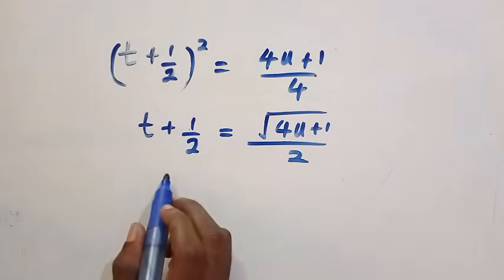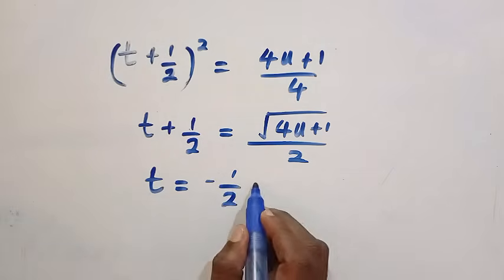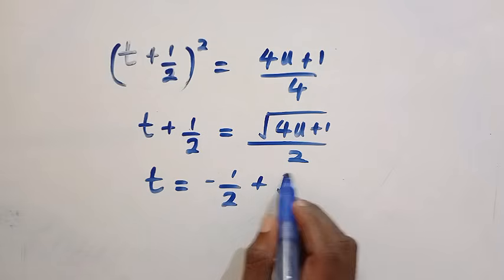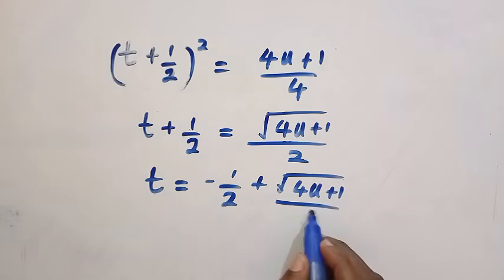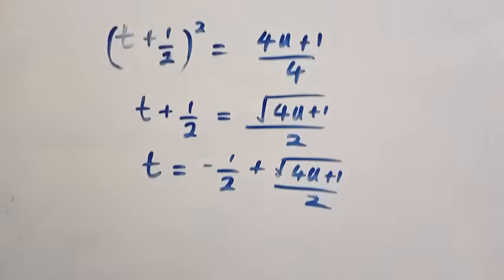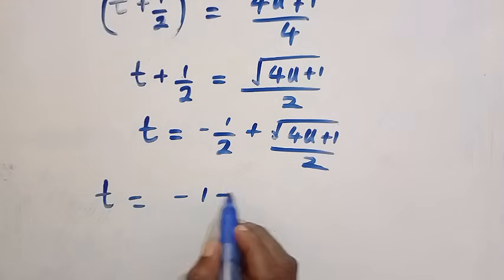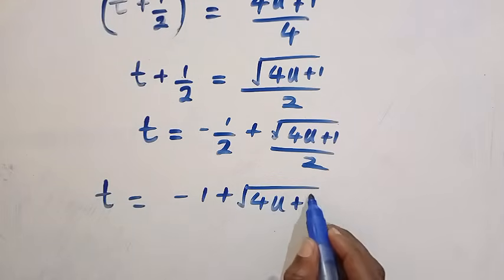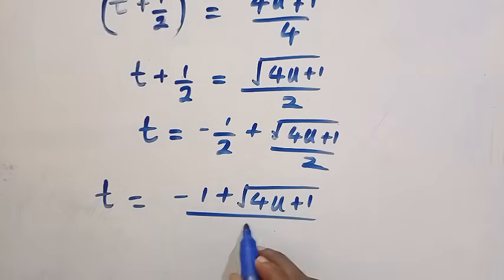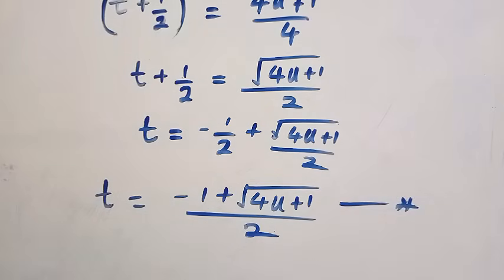We need only the positive here, so we are going to neglect the negative. Then taking 1 over 2 to the other side, we have t equals negative 1 over 2 plus the square root of 4u plus 1 divided by 2. The whole of this is the same as t equals minus 1 plus square root of 4u plus 1, all divided by 2. So this is what we have for only t.